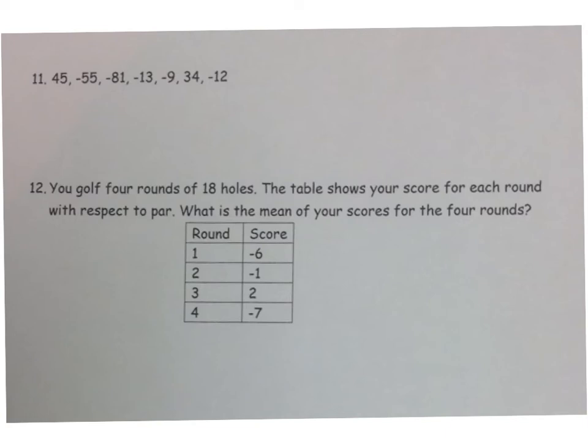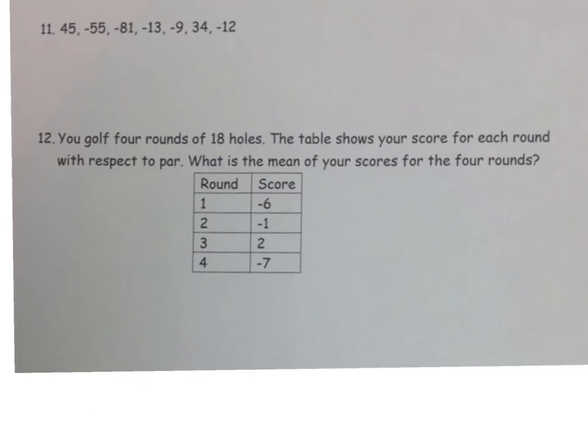Let's look at this word problem. You golf 4 rounds of golf of 18 holes. The table shows your score for each round with respect to par. What is the mean of your score for the 4 rounds? So, a negative 7 in golf just means you were 7 shots below what they consider to be the average amount of shots that it takes to golf. So the lower the number, the better, actually.